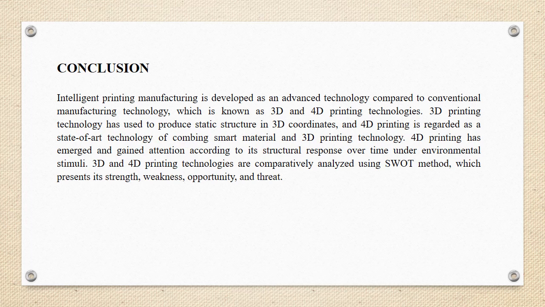And 4D printing is the combination of smart materials and 3D printing technology. 4D printing has emerged and gained attention according to the structure's response over time under environmental stimuli. 3D and 4D printing technologies are comparatively analyzed using the SWOT method, which presents strengths, weaknesses, opportunities, and threats.